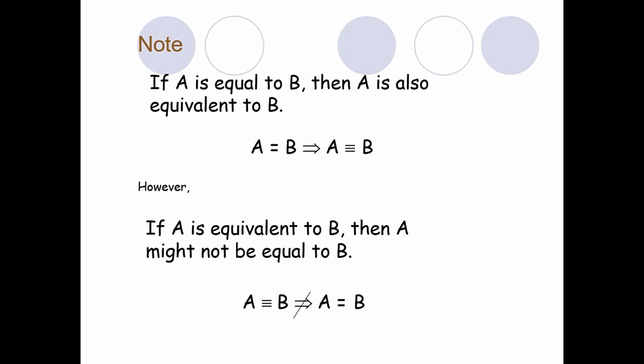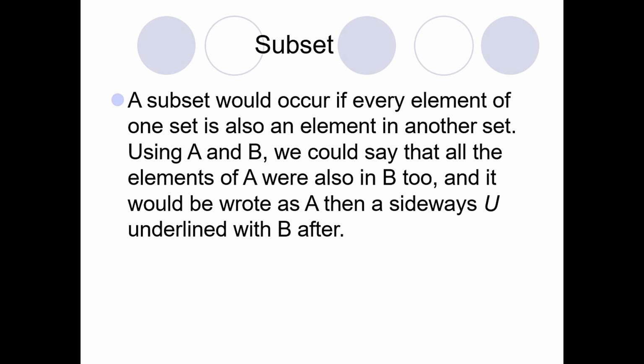Now let's continue. We also have the subset. A subset occurs if every element of one set is also an element in another set. Using A and B, we could say that all the elements of A are also in B. And it would be written as A, then a sideways U underlined, with B after.